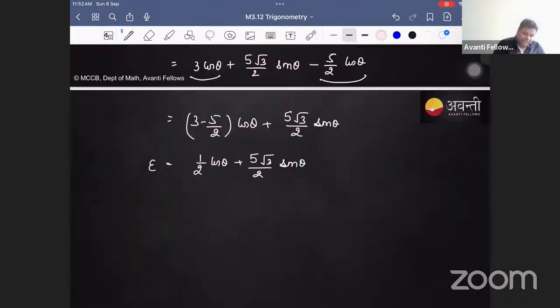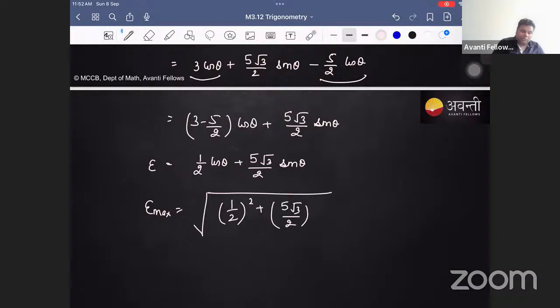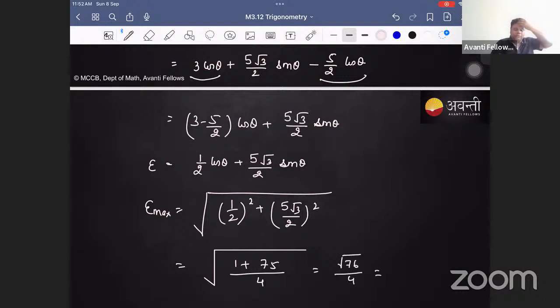So if this is E, E max will be under root of A square plus B square, that is (1 by 2) square plus (5 root 3 upon 2) whole square. So the denominator came 4. It is 1 plus 75, so the answer is under root of 76 by 4.